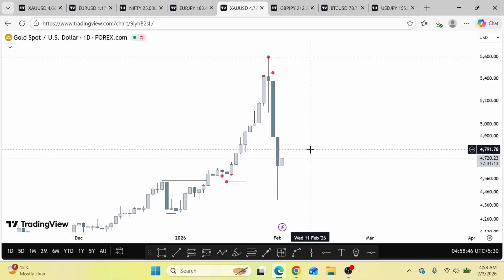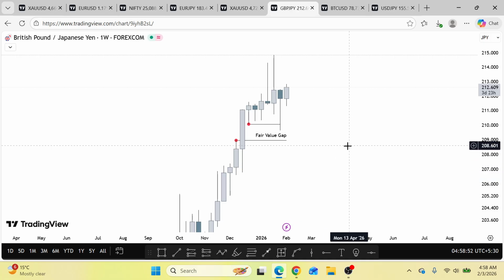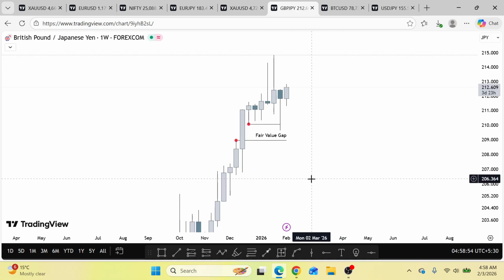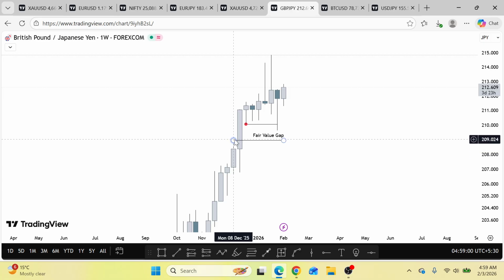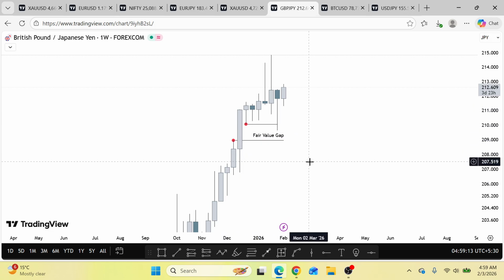The second type of liquidity we can see on charts is the fair value gap. A fair value gap is the highest price of candle 1 and the lowest price of candle 3, with a gap in between. If there is a gap between candle 1 and candle 3 in a combination of three candles, we can consider this a fair value gap.